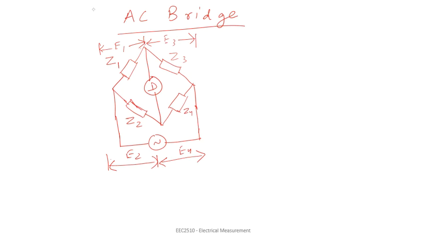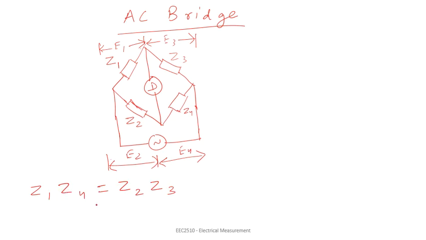Or you can say that when this detector indicates the null deflection, then we can say that the balance condition has been reached. Okay, so the balance condition can be written in this form.